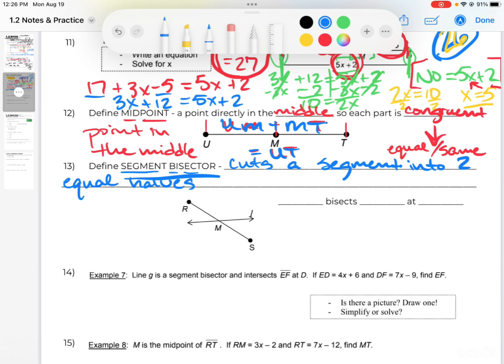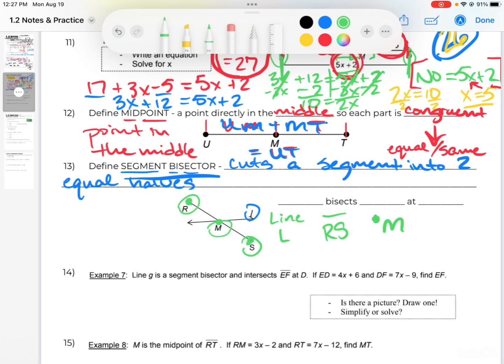So if I'm looking at this example right here, I've got a line L. I've got a segment RS, and then I've got a point right there in the middle, point M. And so a segment bisector means that a segment is getting cut in half.